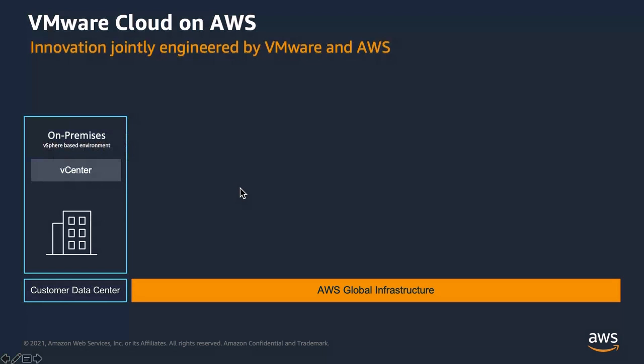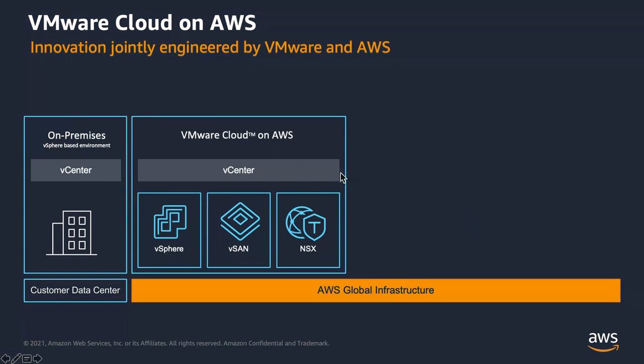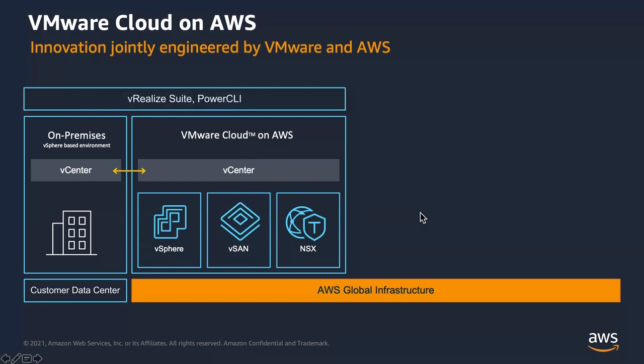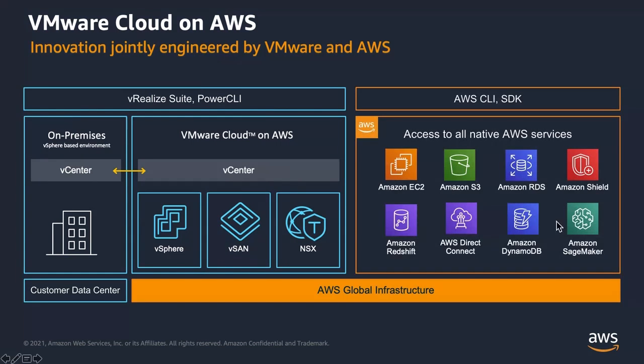We have AWS's global infrastructure, which is what we are using. On top of that, we run the code for vSphere, vSAN, and NSX. We have vCenter in this environment to manage those components, and we can link them up in a single pane of glass to be able to manage both environments from a single interface. Because we are on the AWS global infrastructure, we also have native access to AWS's native services to augment the VMware Cloud on AWS service.